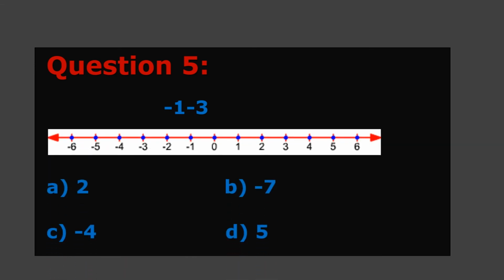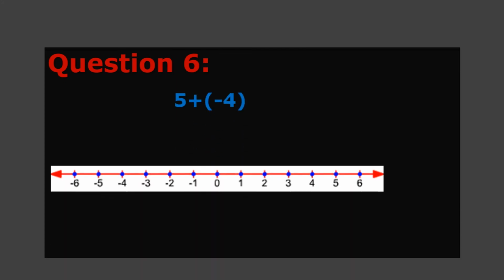Now in this question you have to use number line to solve the problem. Minus 1 minus 3 is equal to A 2, B minus 7, C minus 4 or D 5. Yes, the answer is C minus 4.